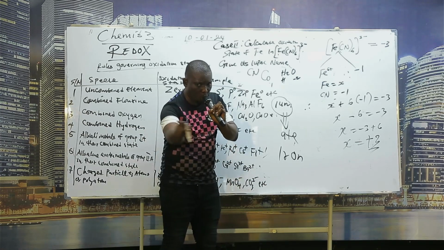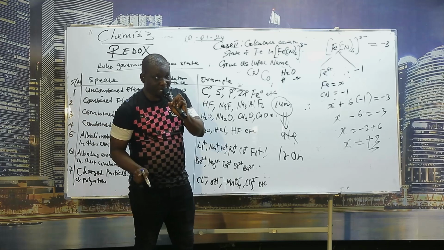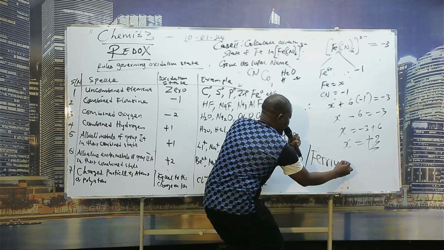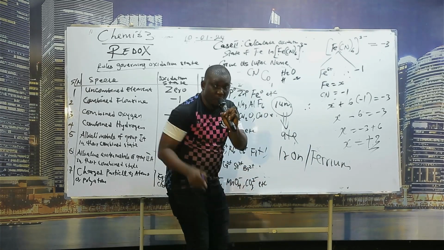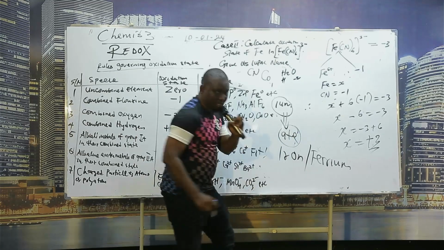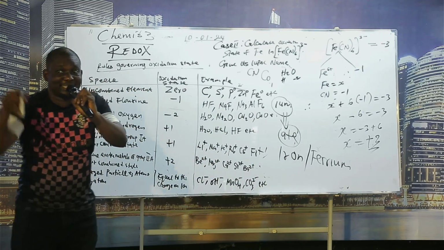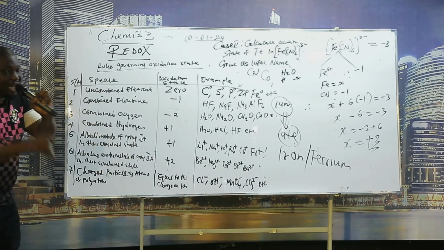You have to go and search the scientific Google for the other name for iron. Another name is what? Ferrium. Okay, see here, ferrium has IUM. Remove IUM, replace it with what? ATE. Hence, the name of the compound is what? Hexacyanoferrate(III) ion.